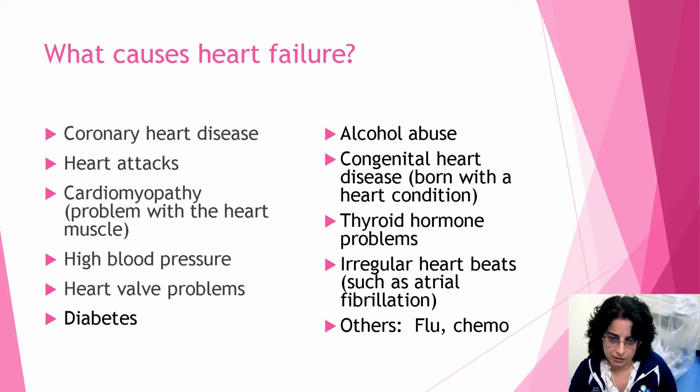And then uncontrolled thyroid problems can impact it as well, as I mentioned. And then anything viral, so flu, and that's why we're assuming over time we're going to see this with COVID patients, can again injure the heart muscle and weaken it, just like it can weaken the rest of your systems. And chemo can be toxic to the heart muscle tissue.